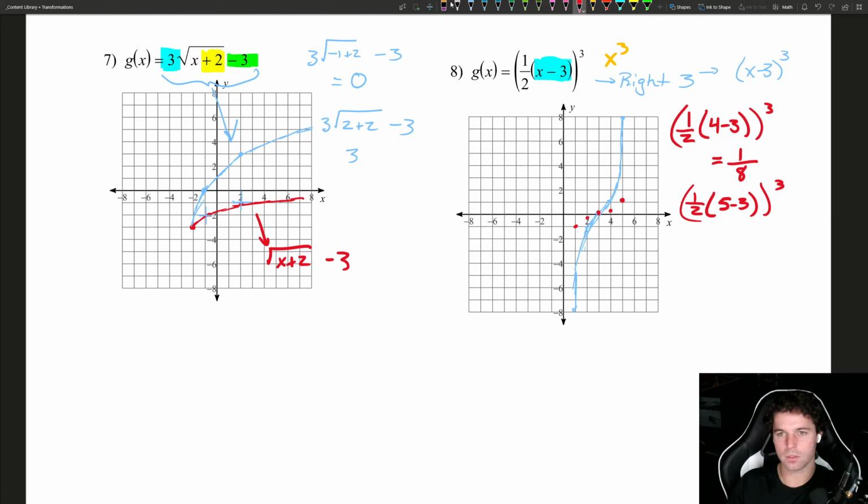We're still going to go through the same point, and this should give us something a little more interesting. 6 minus 3 is 3. 3/2 cubed gives us 27/8, which is just over 3. So our graph is going to be a little bit wider.